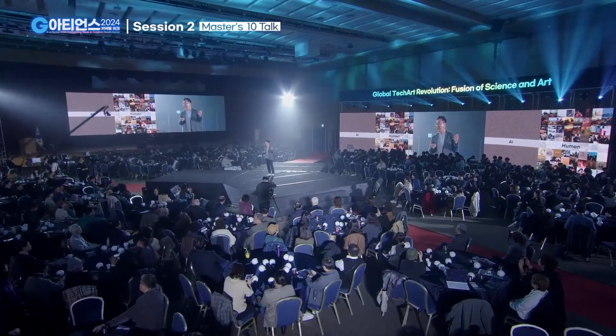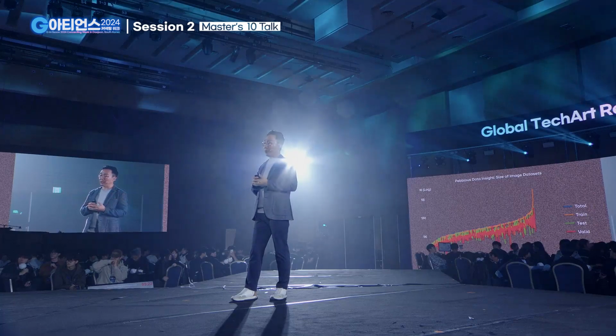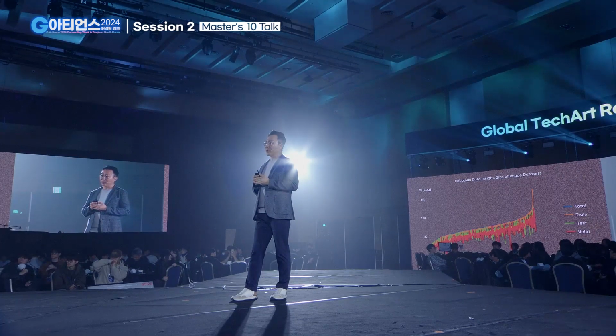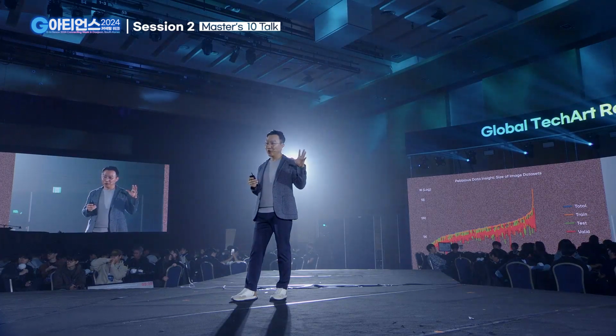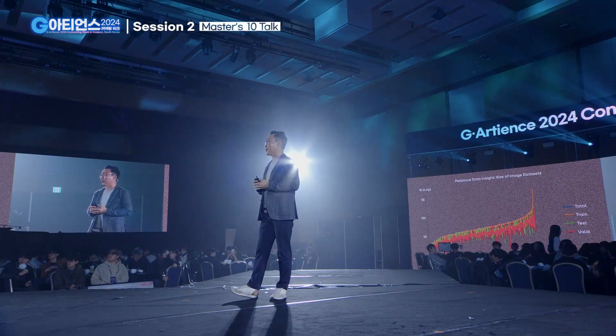But since using this data, sometimes AI does things that humans cannot understand. So the size of the data set that AI is using is rapidly increasing. I showed you 2 million pixels, but in 1990, when it was first introduced, it was only a few thousands, but it rose rapidly.